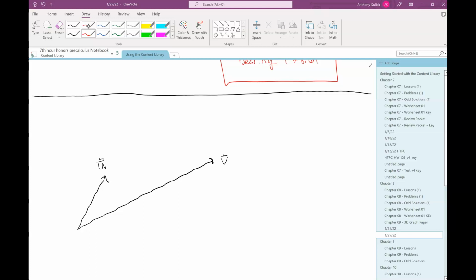One vector should be in the same direction as v, and the other vector should be orthogonal to it. So I want to break vector u up into a vector here plus this vector here, where they're at right angles to one another.